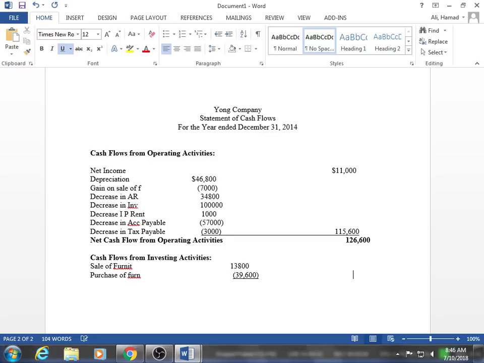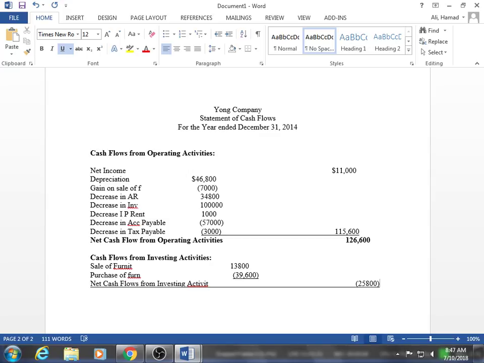So the net cash flows from investing activities is going to be negative 25,800. Notice I put it between two parentheses. That means it is a negative.